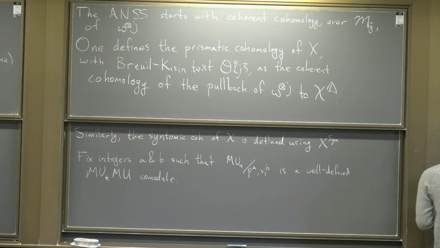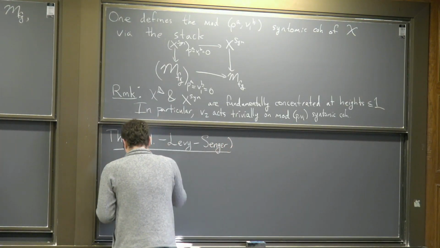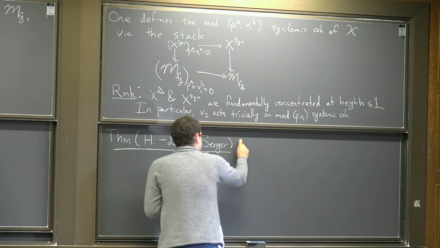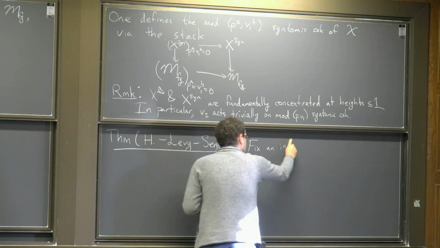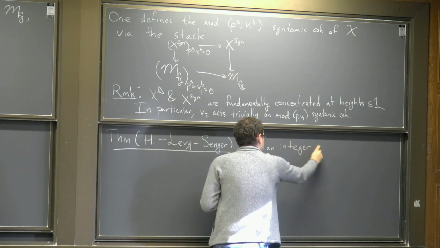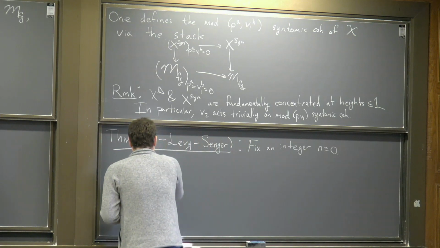So then I want to talk about a theorem which is joint between myself, Ishan Levy, and Andrew Senger. Let's say, fix an integer n greater than or equal to 0, then there's two facts.